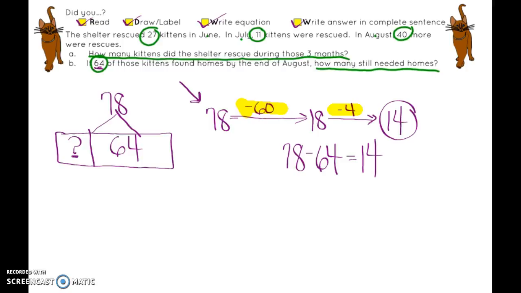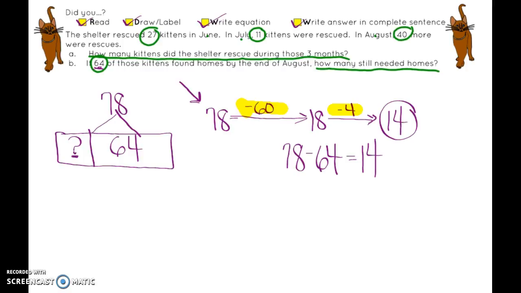So 78 minus 60 gives me 18. I knew that I had 4 more left, so I counted down by 4. So 18 minus 4 gives me the difference of 14. So 78 minus 64 equals 14. There were 14 kittens who still needed homes.